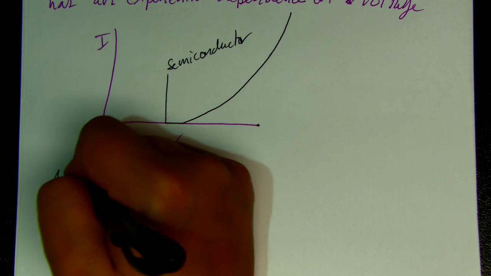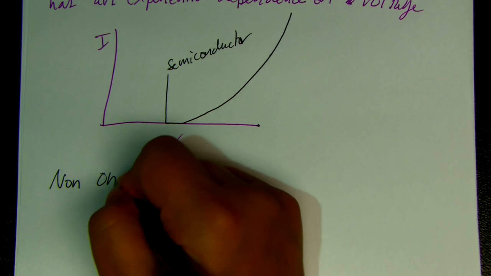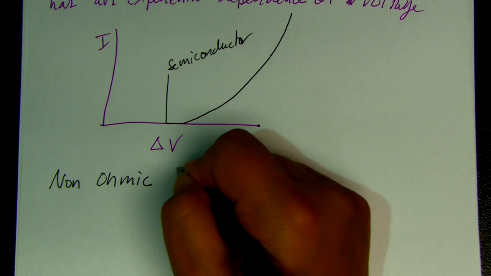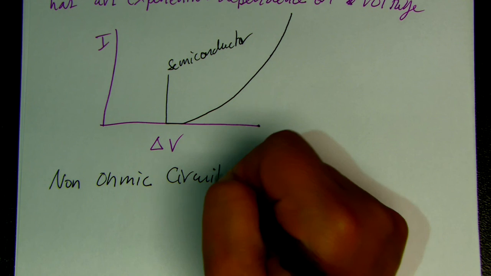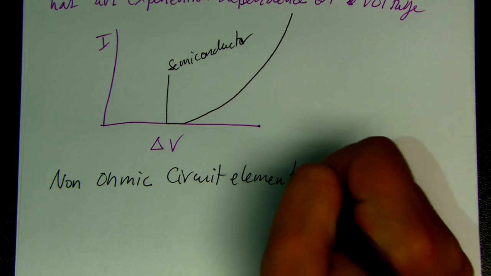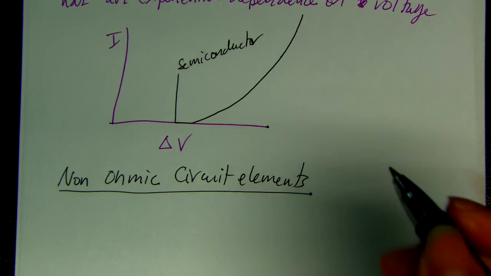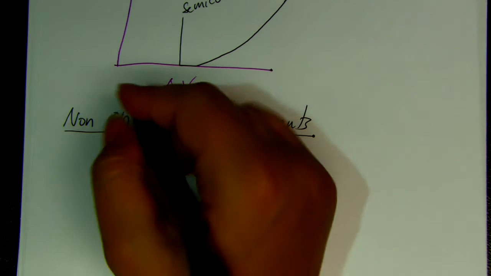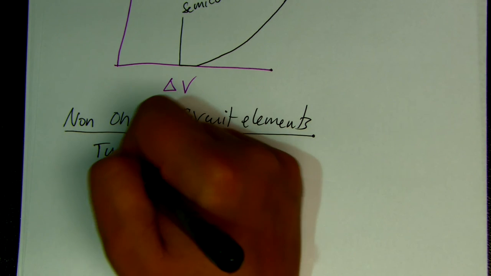Okay, so going back to thinking about basic circuit setup, so non-ohmic circuit elements. Typically resistors are ohmic.